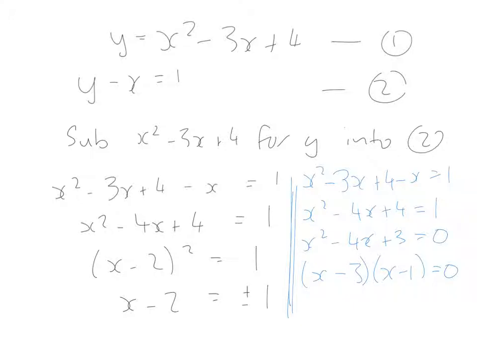And again, I'll get two solutions out of that, x equals 3 and x equals 1. But if I did factorise like I have here, then you'll see that I'll get exactly the same solution set, as you would imagine.